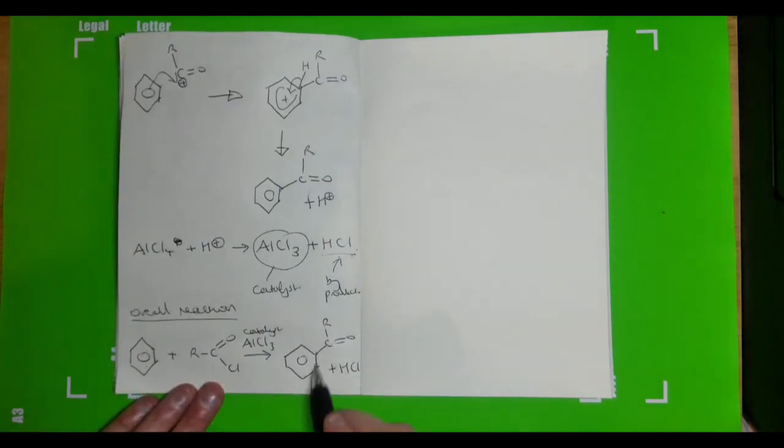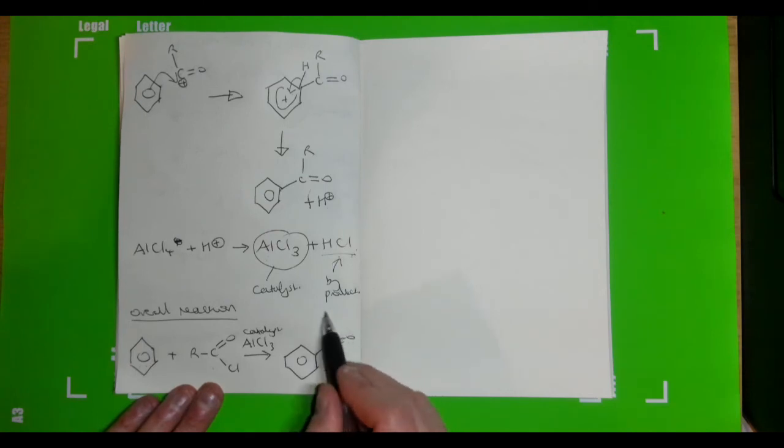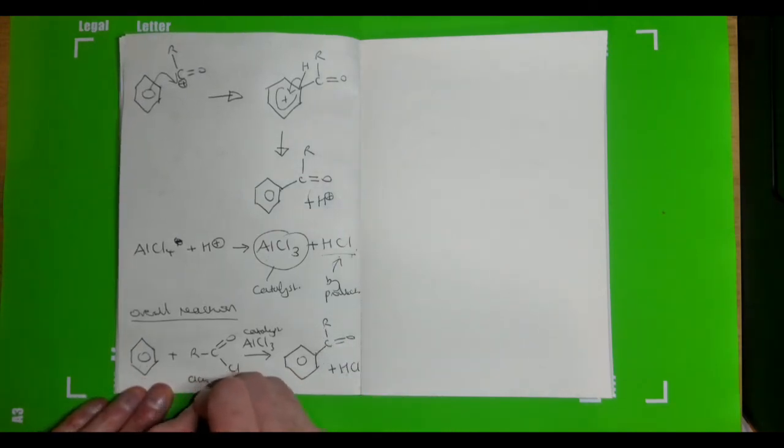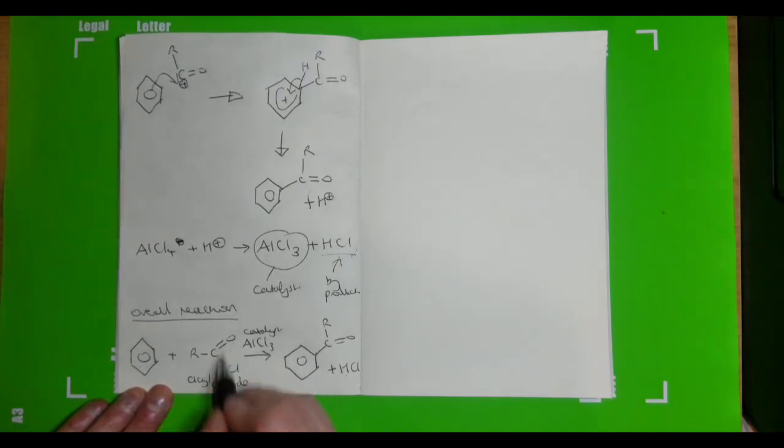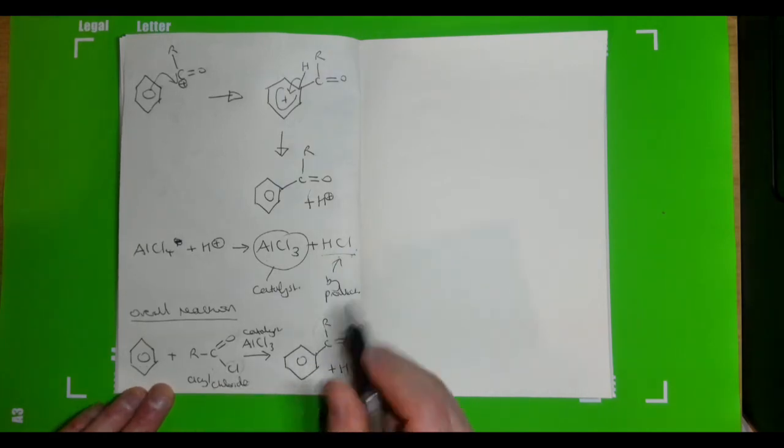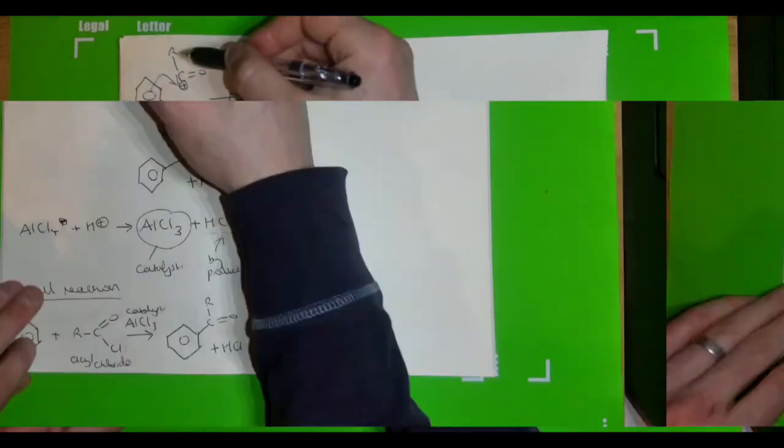So we've got an arene bit, and we've substituted hydrogen for this acyl group, okay? So this is what we call an acyl group. That's because it's come from an acyl chloride. So that is an acyl chloride, therefore that is an acyl group. This is what we call an acyl ion.